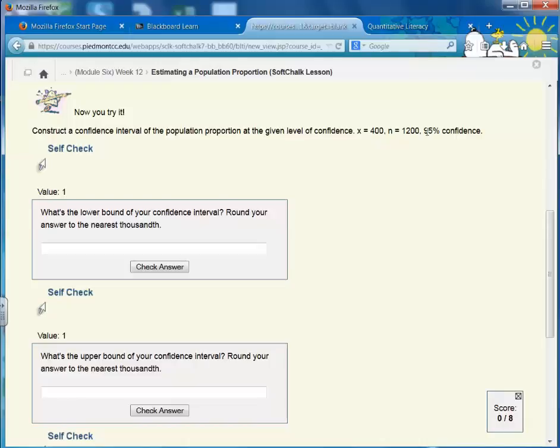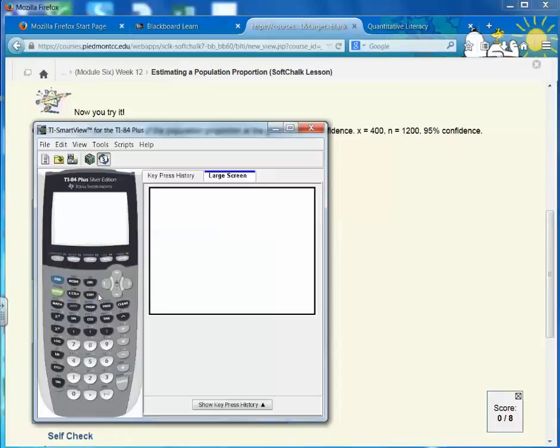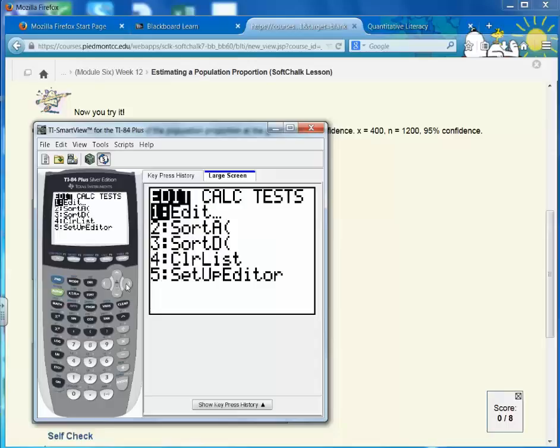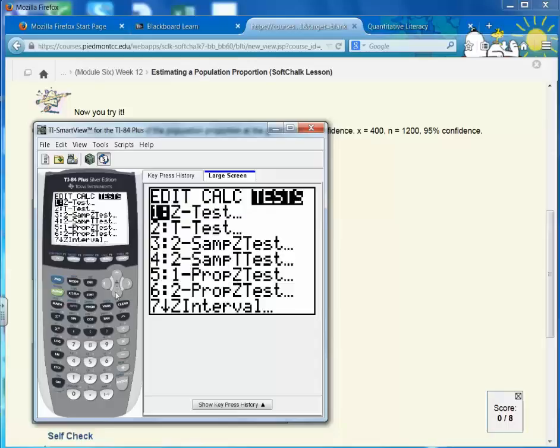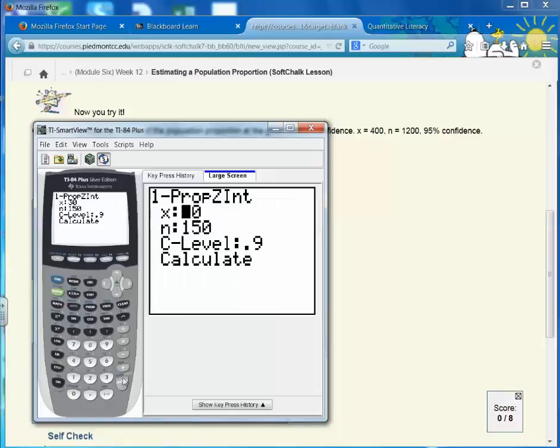And now we want to be 95% confident of our results. So let's just run through those calculations again. I'm going to clear what I have. I'm going to hit the stat key and then right to test, and I'm going to go down. Choose that one proportion z interval again. That's choice A. Now x is 400 and n is 1,200.